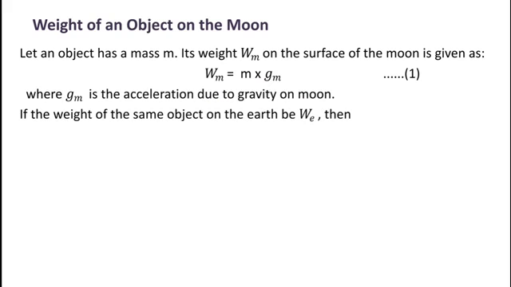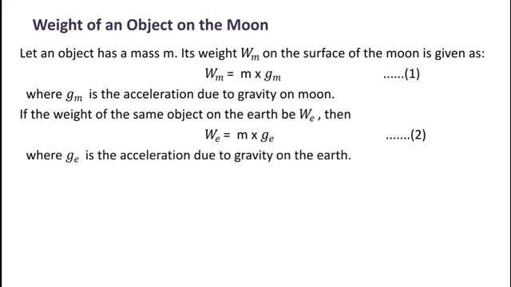Again let us suppose that the weight of the same object on the earth is We. Then we can write We in the same way, mass of the object into the acceleration due to gravity on the surface of earth, that is Ge. Let us say this is equation number 2. Here Ge is the acceleration due to gravity on the earth.